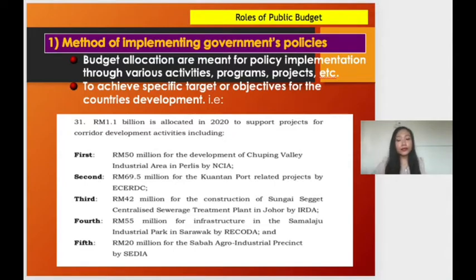So as you can see here, it covers the peninsular area, Sabah, and also Sarawak.